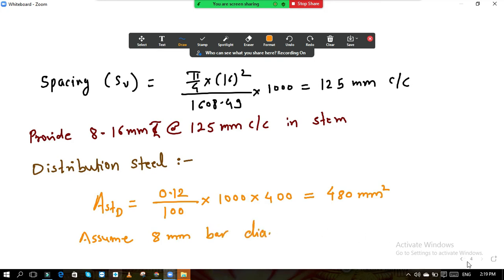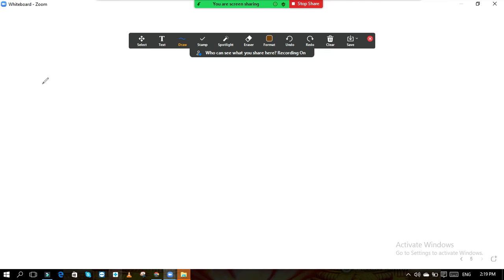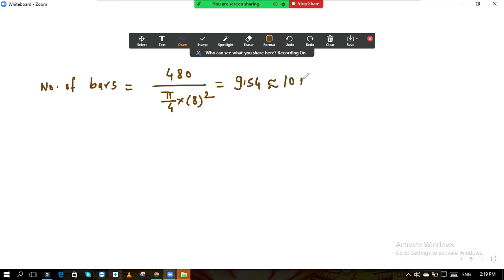So calculate the number of bars. Number of bars is equal to 480 divided by area of single bar. 9.54, which is rounded up to 10 numbers.